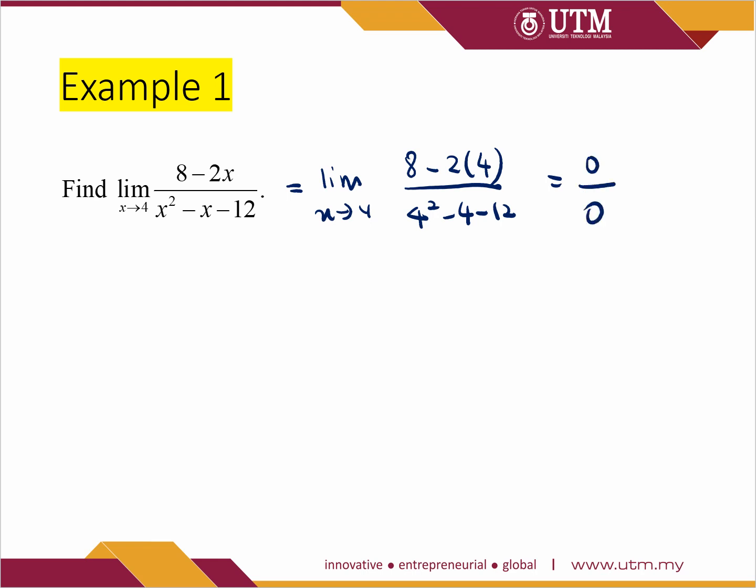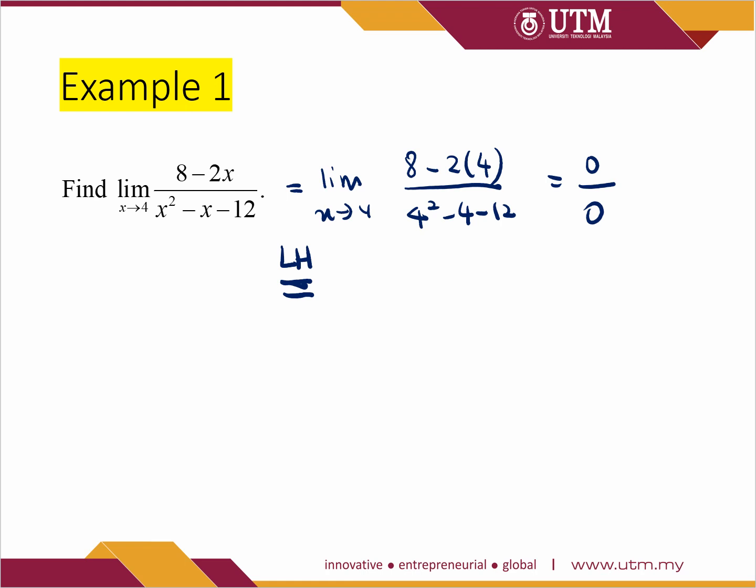For this problem, you can also do the factorization, but I'm going to show you another way where we apply L'Hopital's rule. So applying L'Hopital's rule, we can write like this, where LH represents L'Hopital's rule.